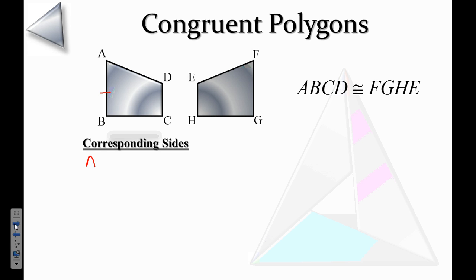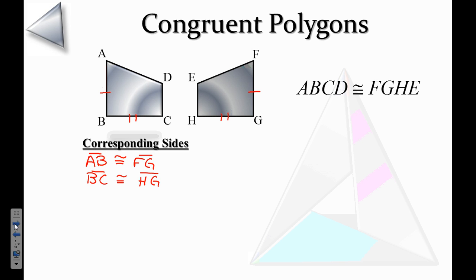Segment AB would be congruent to which segment? FG. Okay. We can show that by a single tick mark for each one. BC would be congruent to what? HG.